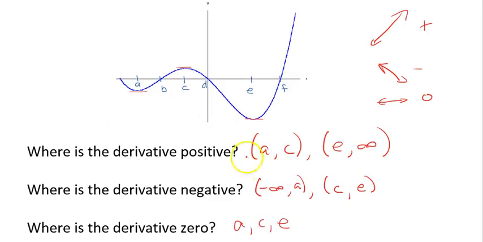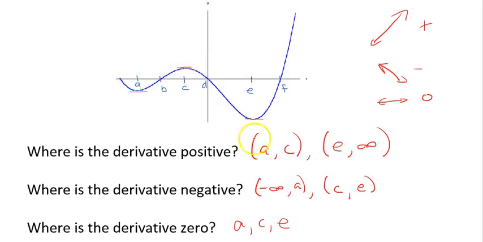Now, think about these things that we've just written and the characteristics of graphs that you've talked about before. The derivative is positive where the graph is doing what? Going up, increasing. The derivative is negative where the graph is decreasing, and the derivative is 0 where what's happening? Maxes and mins, right?